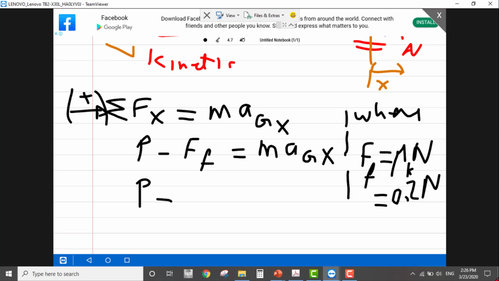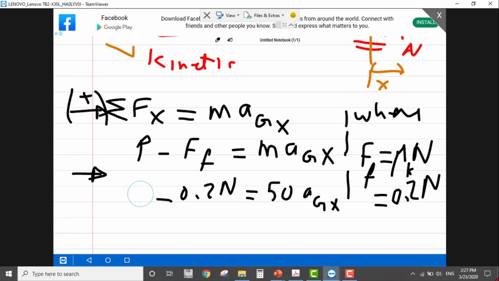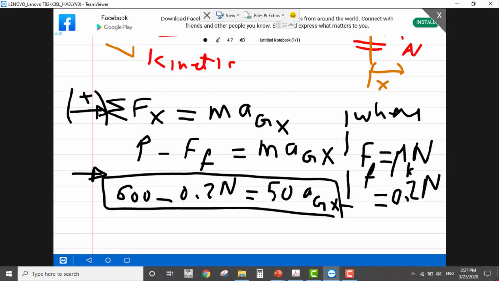Then if I go back to this equation, I can write the external force minus 0.2 multiplied by normal force, and this is equal to the mass of the crate, which is 50, multiplied by a_Gx, which is unknown. Instead of writing the external force as unknown, I can write 600, which is given. So I can name this equation as equation 1.